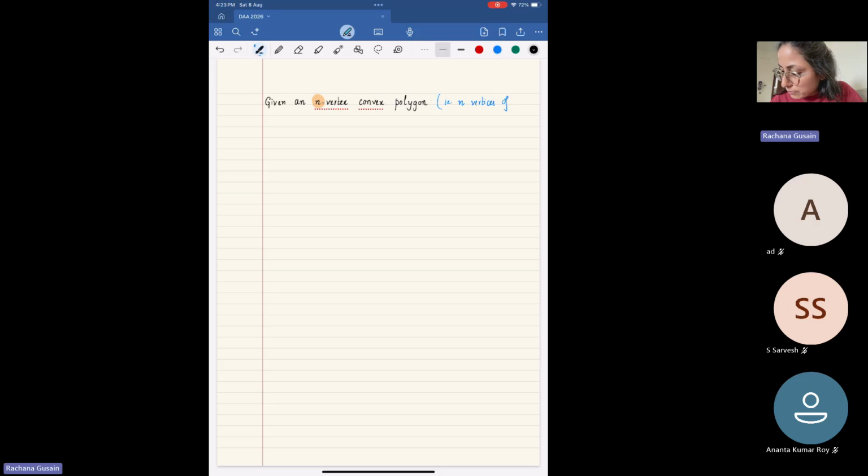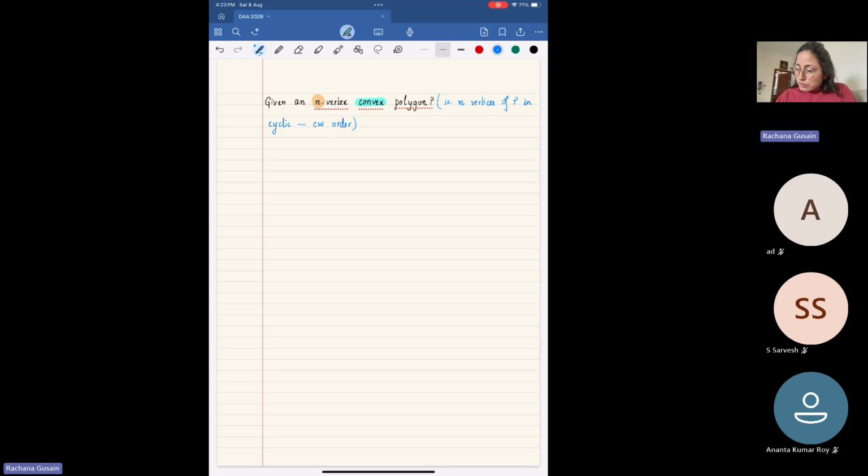Let's say this polygon is P. So n vertices of P in cyclic order. To be more specific, let's say it's clockwise ordering, or it could be counterclockwise also. Let's assume it's clockwise. So we are given the n vertices of this polygon in clockwise order, such that when you connect those vertices, what you really get is a convex polygon.